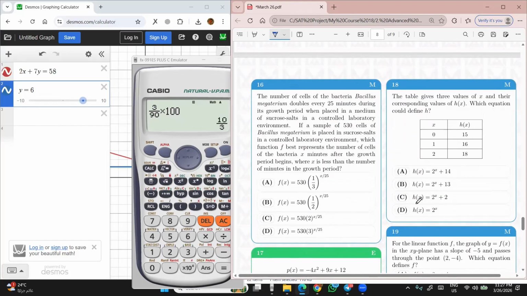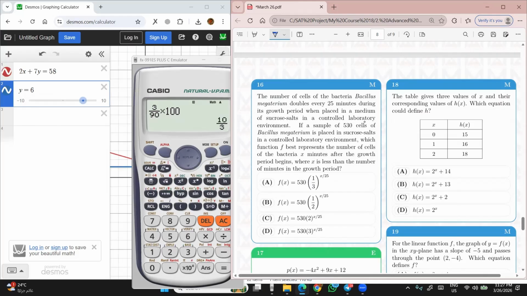Number 16, the number of cells of the bacteria Bacillus megatherium doubles every 25 minutes during its growth period when placed in a medium of sucrose salts.